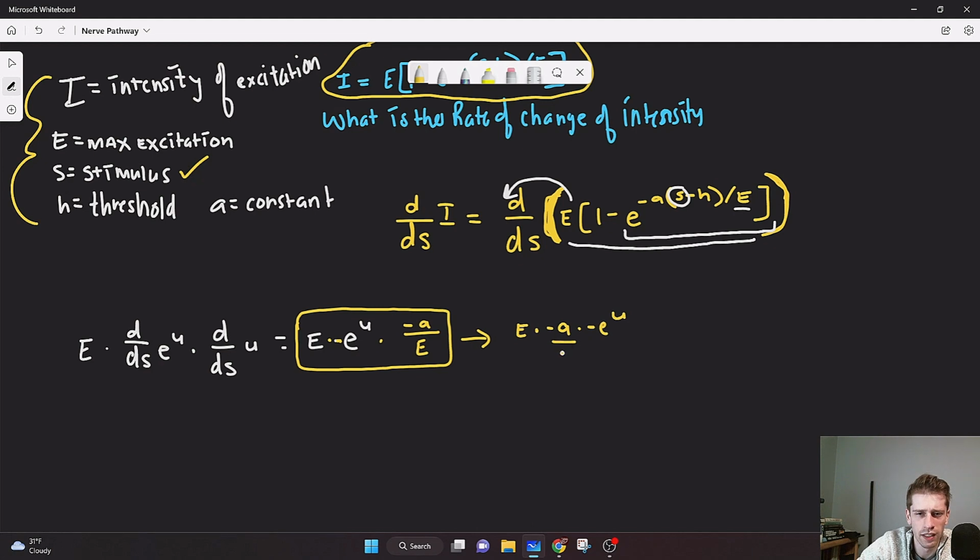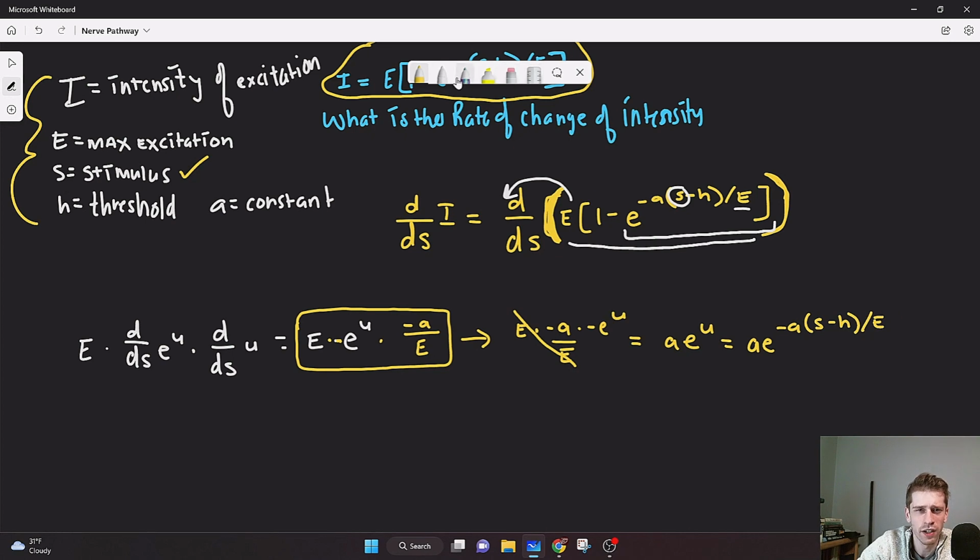And this a has an E right here, so these E's cancel out. Then we get two negatives times each other, which is a positive. So we get a times e raised to the u, which is a e to the negative a times (s minus h) divided by E.